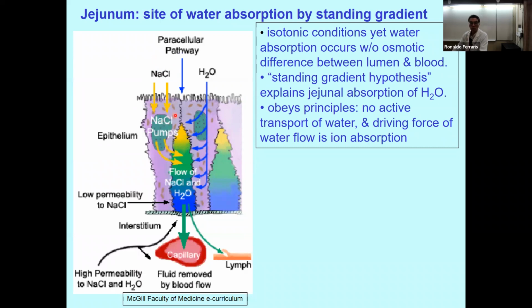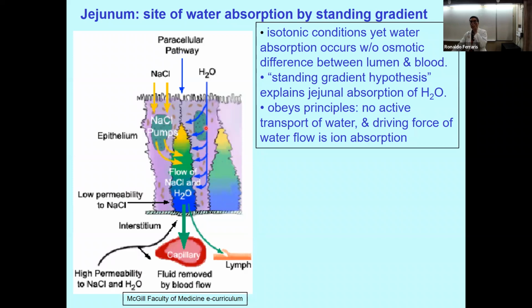And the intestinal cells are a lot longer than they are wide, so the surface area along the lateral side is very high compared to the basal side.